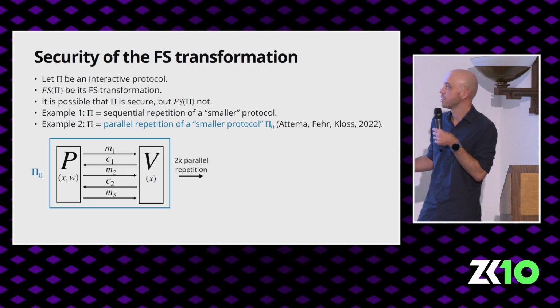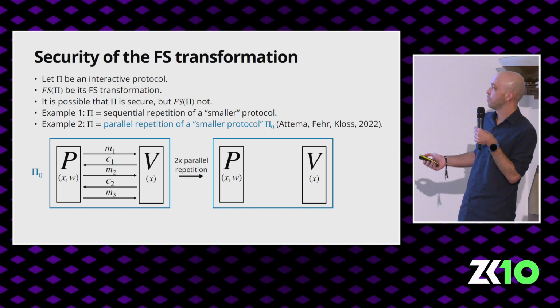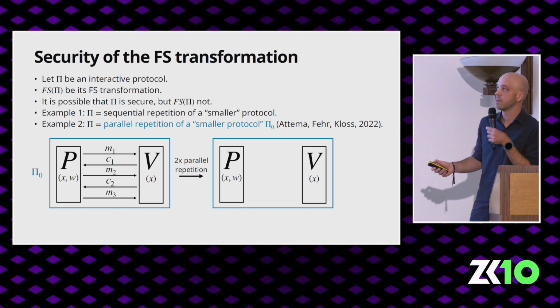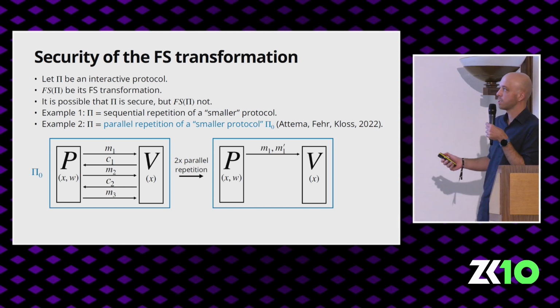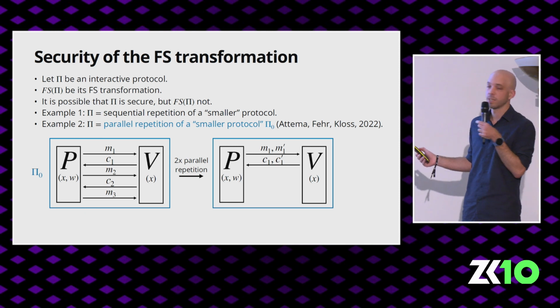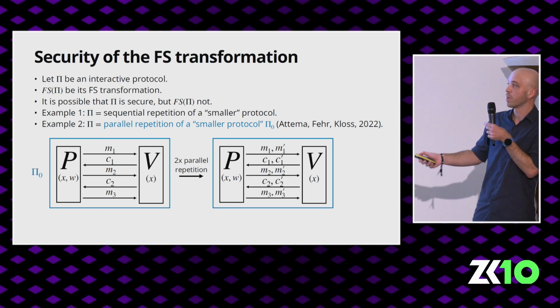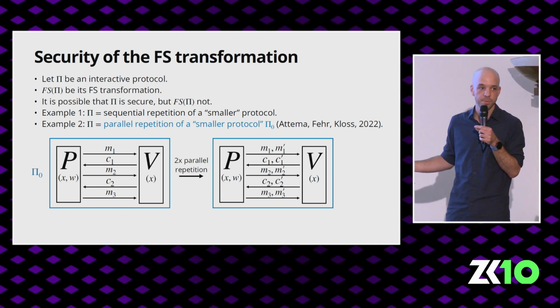And we want to increase its security by repeating it in parallel. So we create a new protocol where now the prover, instead of sending one message as its first message, sends two messages. And the verifier replies with two challenges, and so on. So it's just like executing Pi0, but with two threads in parallel.